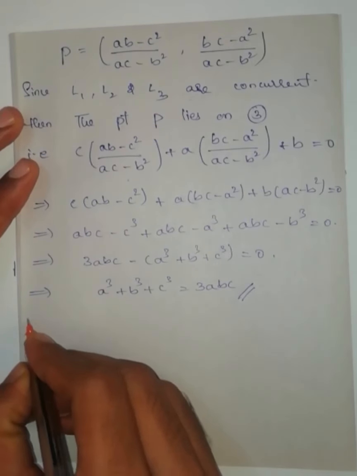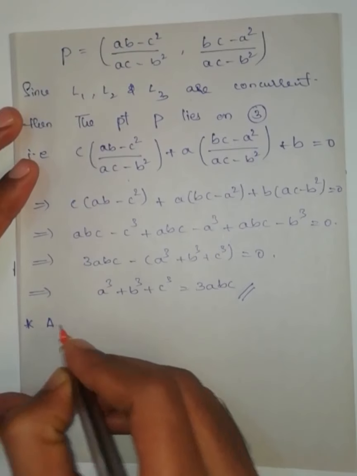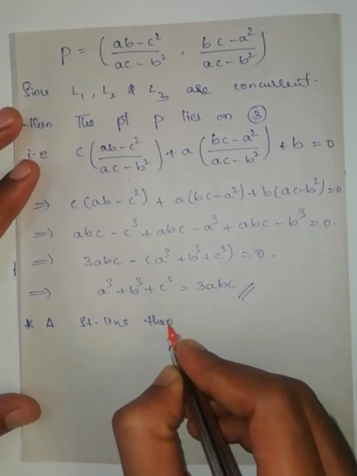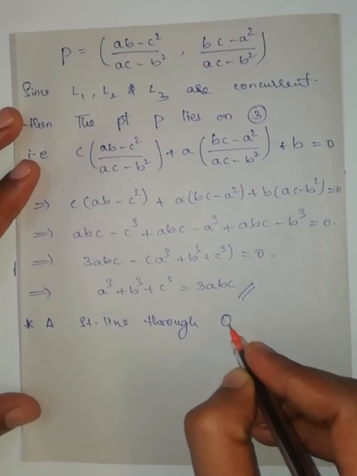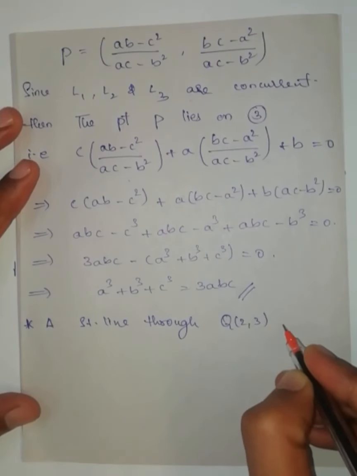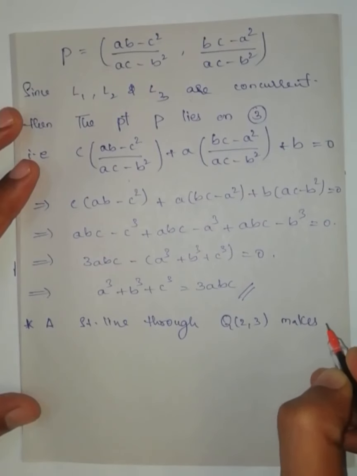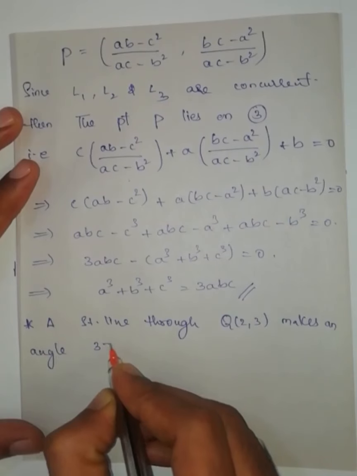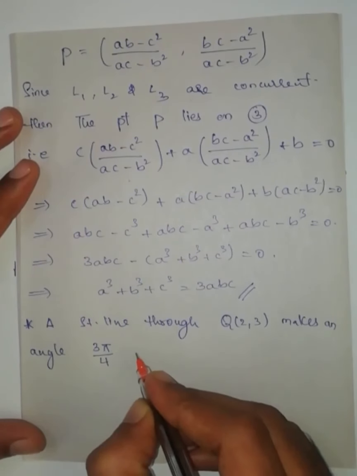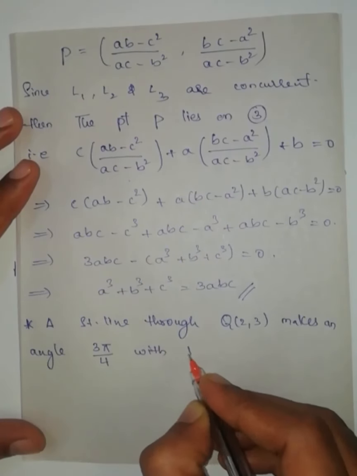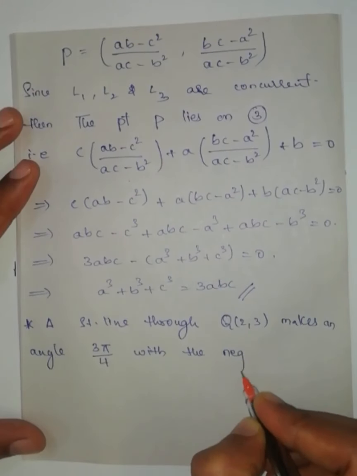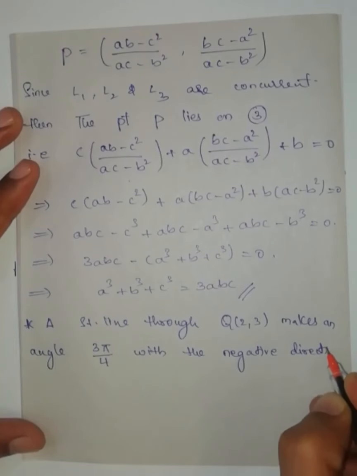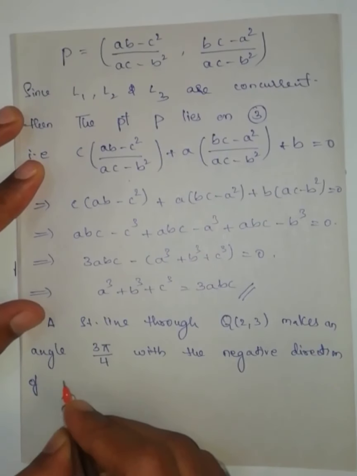Next problem. A straight line through Q of 2 comma 3 makes an angle 3 pi by 4 with the negative direction of the x-axis.